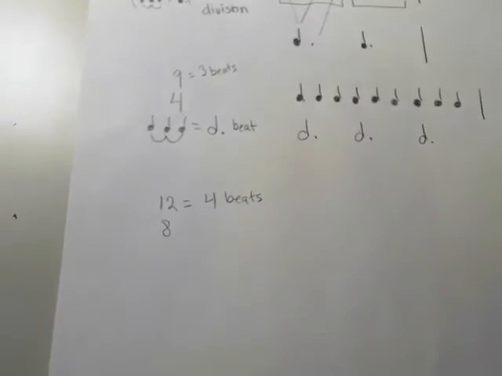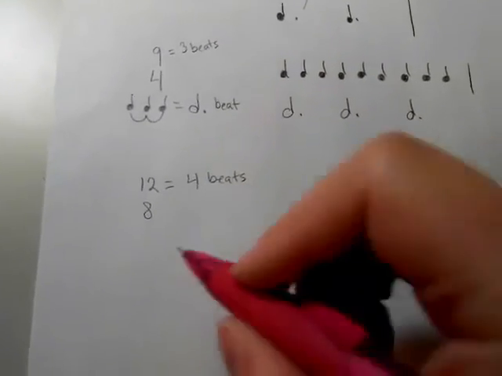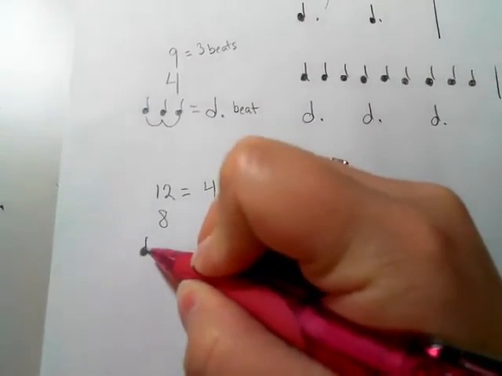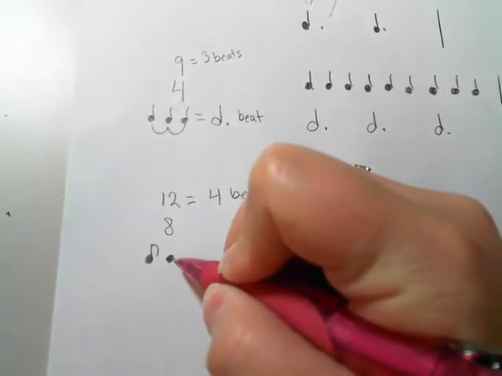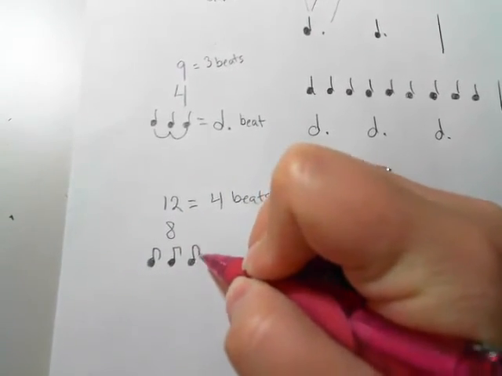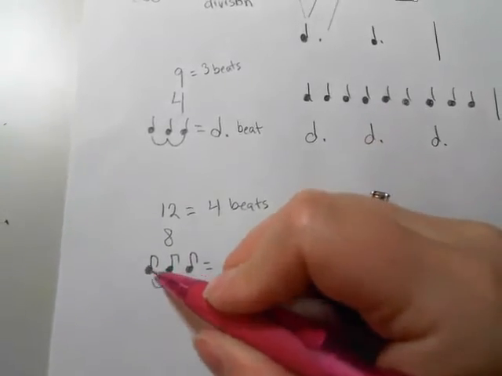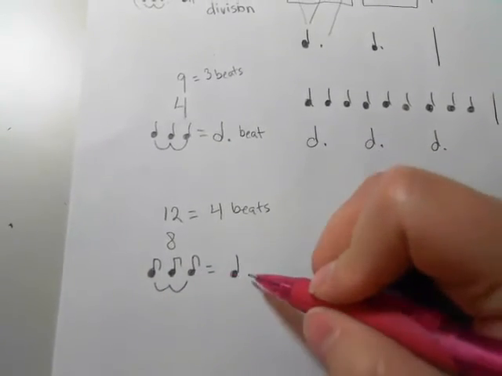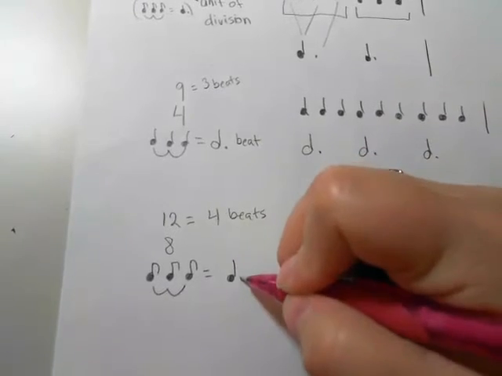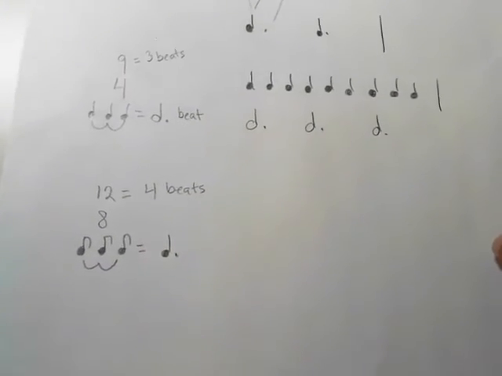So remember, the bottom number is the unit of division. If I have 3 eighth notes, what dotted note makes up my beat? We put the first two notes together, makes a quarter note. The third note makes a dot. So here we have 4 beats, and the dotted quarter note gets the beat.